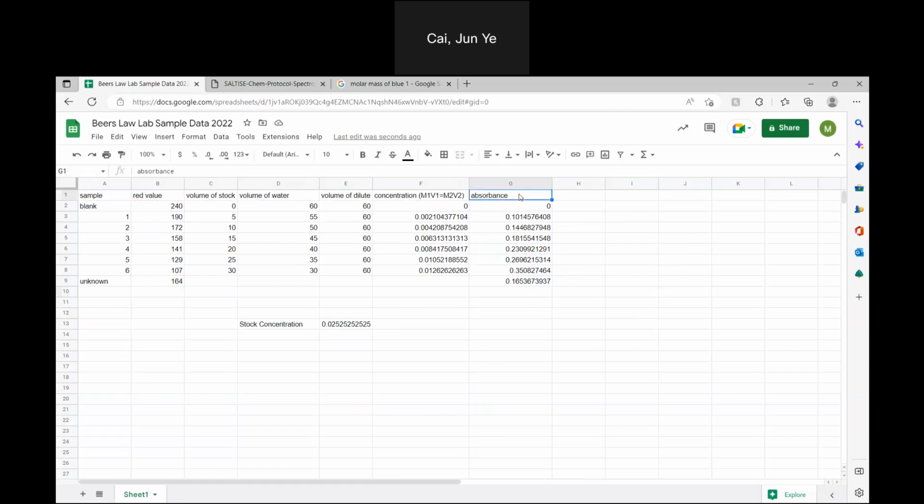You may want to type in what we just did, negative log divided by blank, just for yourself. So this is essentially what we typed in on our formulas.